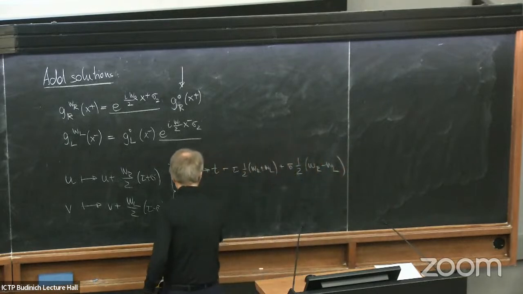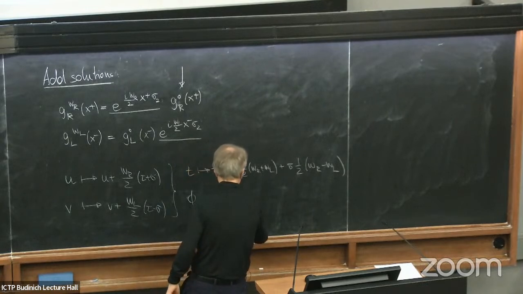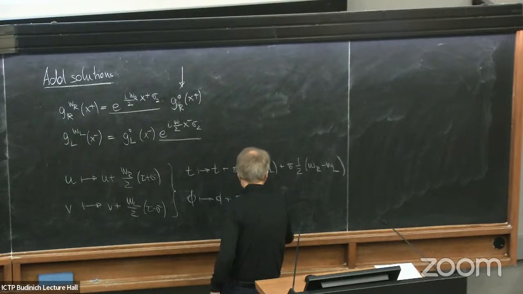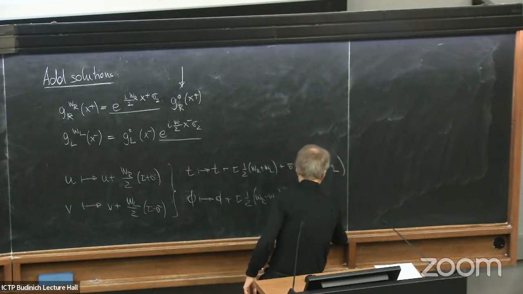And then phi gets shifted by phi plus tau times a half, and now I have to take the difference, so here there will be w right minus w left. And here there will be a half times w right plus w left.